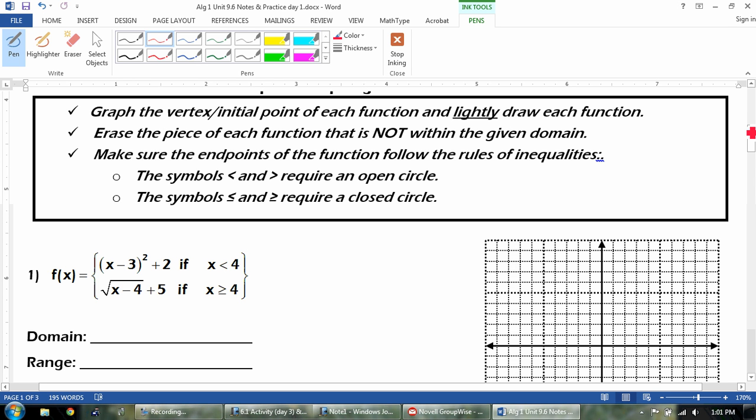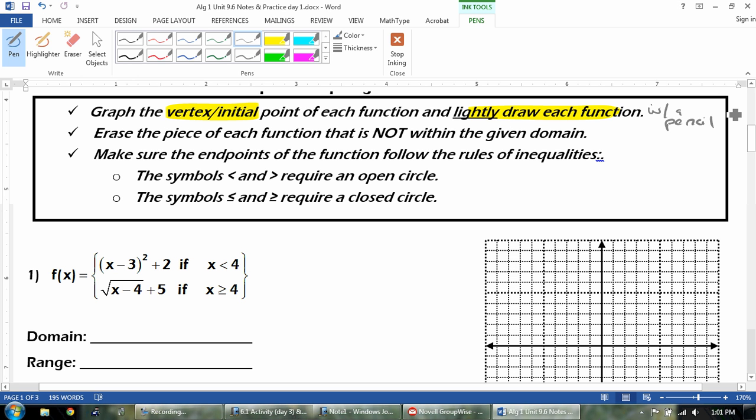So tips for graphing piecewise functions. We always want to start with the vertex or the initial point and lightly draw each function with a pencil.